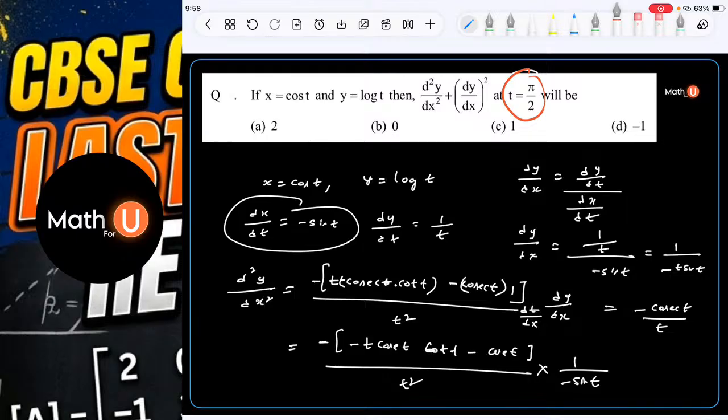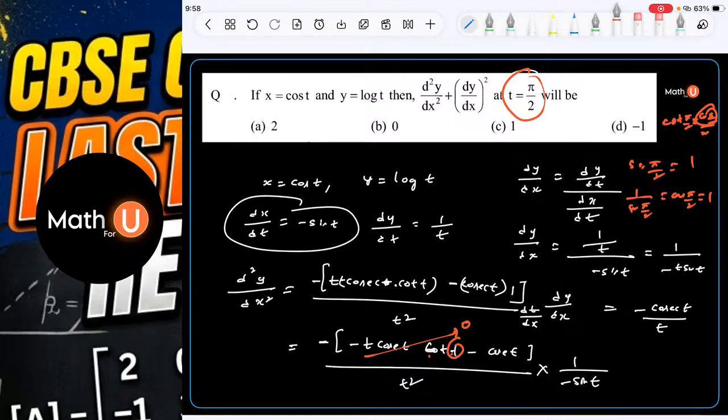Sin pi by 2, sin 90 degrees, is 1. The reciprocal of sin pi by 2, cosecant pi by 2, is also 1. Cot pi by 2 means cos pi by 2 by sin pi by 2, so the value of cot pi by 2 is 0. That means this complete value becomes 0.